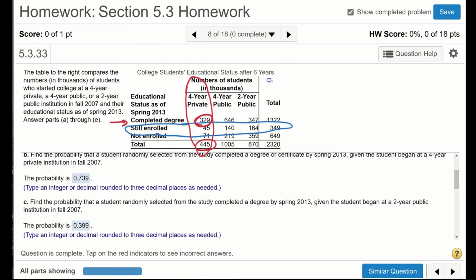So let me go ahead and clear the other marks. So now we're going to be looking at that column, this being the denominator of any fraction that we find, because we're going to be restricting ourselves to that group. And we're interested in the ones who completed a degree by 2013. So again, we're going to be in this group, so we're going to divide 347 by 870.